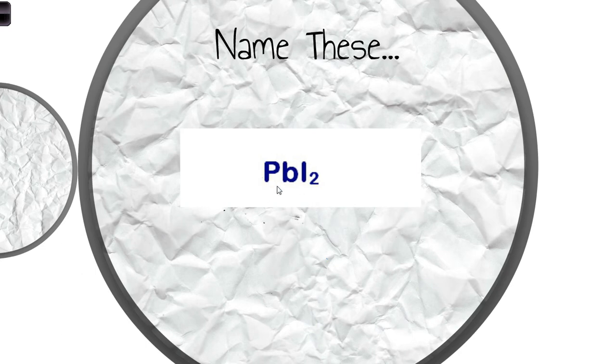That's why it's so important you do that second letter lowercase, because if you did a capital P and a capital B, you'd be talking about something totally different, two completely different elements. So this is lead and iodine. The name of this compound is lead iodide.